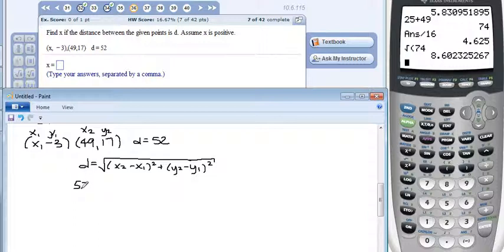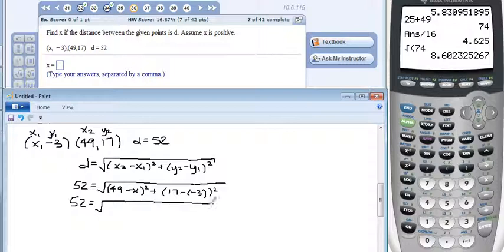So I'm going to put in what I know. I know the distance is 52. x2 is 49 minus x, and y2 is 17 minus a -3. Well, here we have 49 minus x plus, what do we have here?